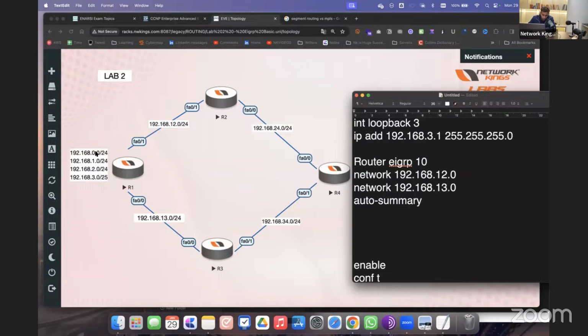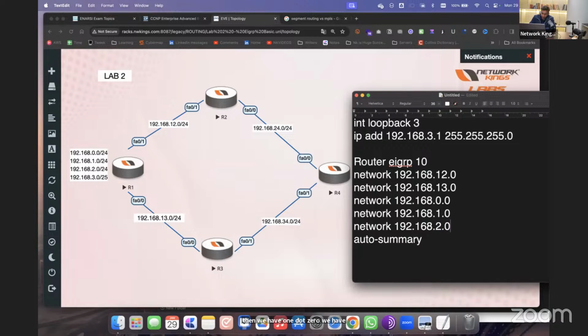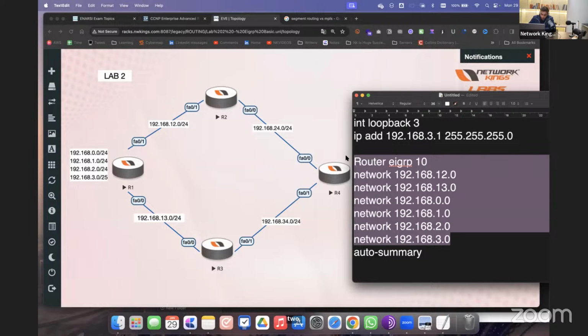And we also have loopbacks. Then we can type all the loopbacks: 192.168.0.0, then we have 1.0, 2.0, 3.0. And by default, auto summary is on, right?